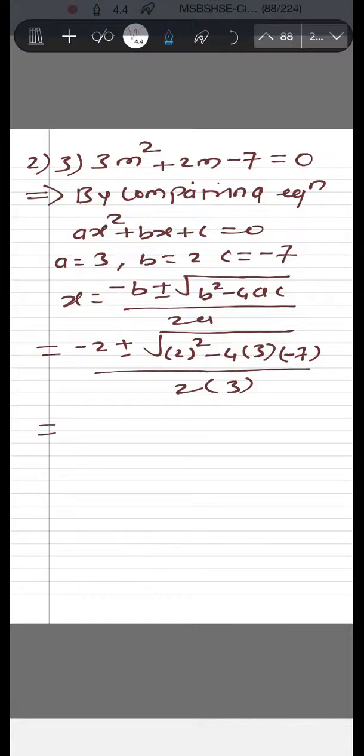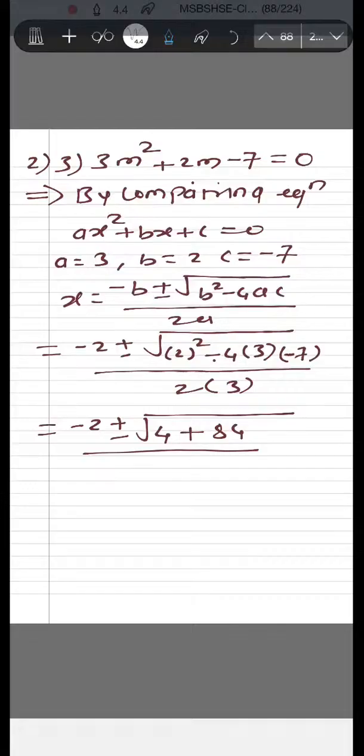Okay, so here we will put the values: minus 2 plus or minus square root of 2 square is 4, 4 3s are 12, correct? And 12 7s are 84, and it will be what? Negative into negative is positive, therefore 84. That's it, divided by 2 3s are 6.